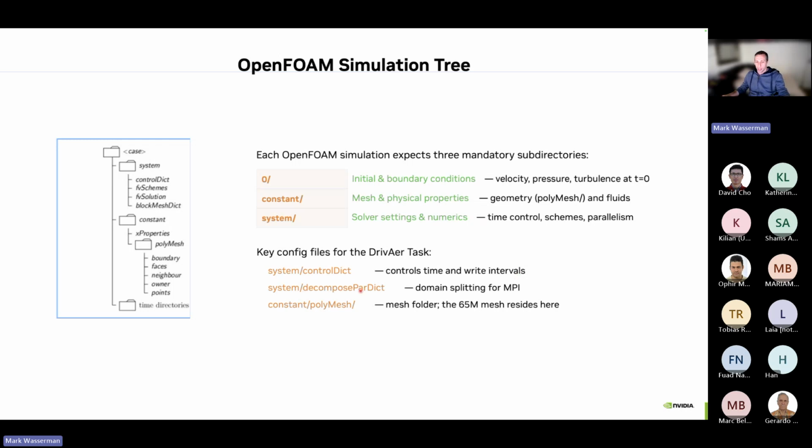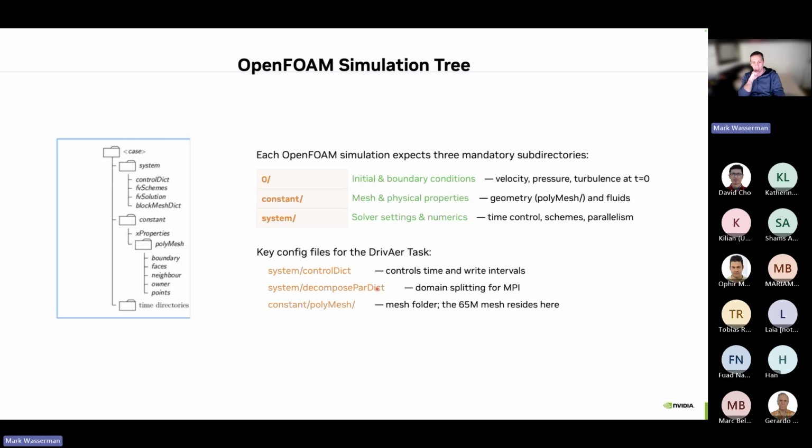The second key file is the decomposePar dictionary. This one controls how the domain is split and how the cells are distributed among the different participating processes. This is one configuration file that you can experiment with to see its effect on the performance of the parallel simulation.